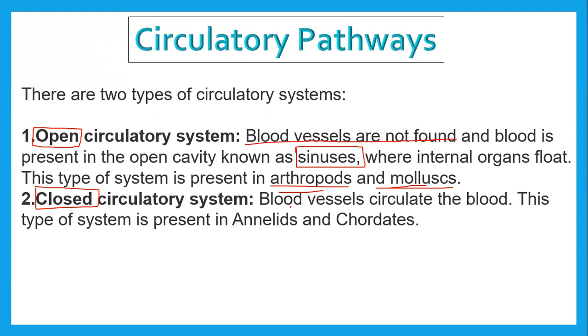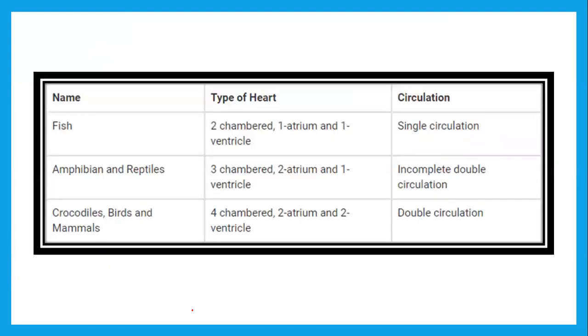Closed circulatory system means the blood vessels circulate the blood. This type is present in annelids and all chordates. Is that clear for everybody? Clear? Okay, let's move on.